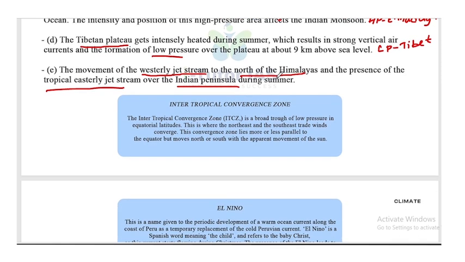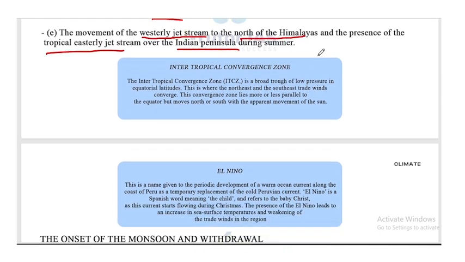Now, what is the intertropical convergence zone or ITCZ? The intertropical convergence zone is a broad trough of low pressure in the equatorial latitudes. This is where the northeast and southeast trade winds converge.